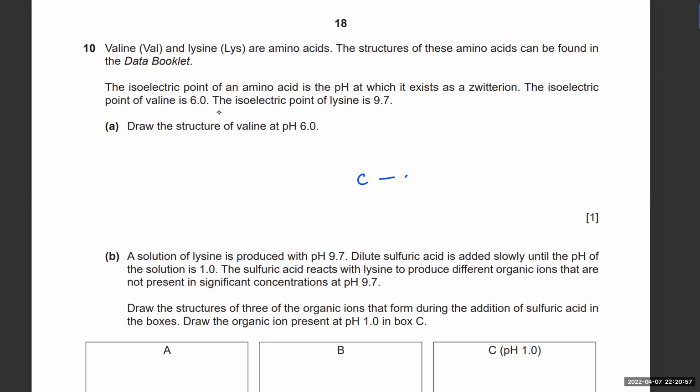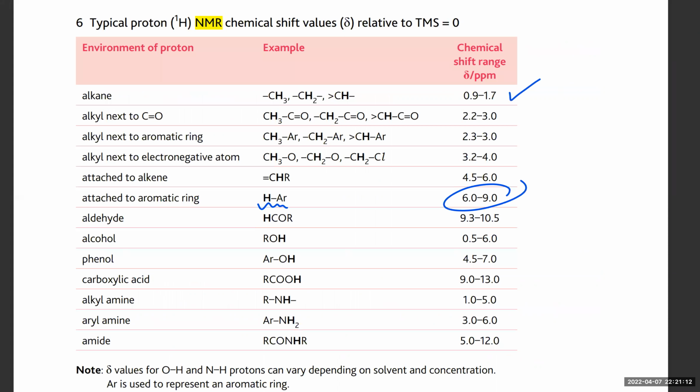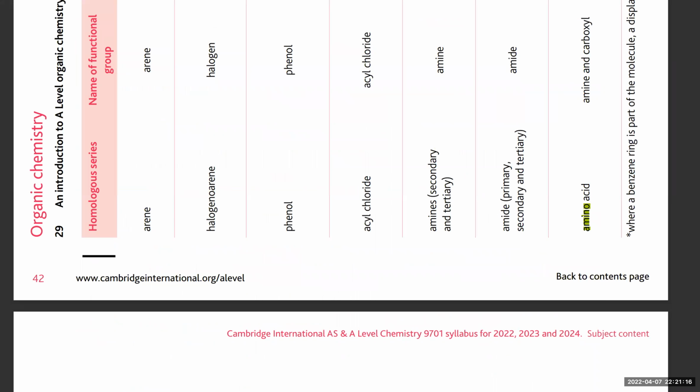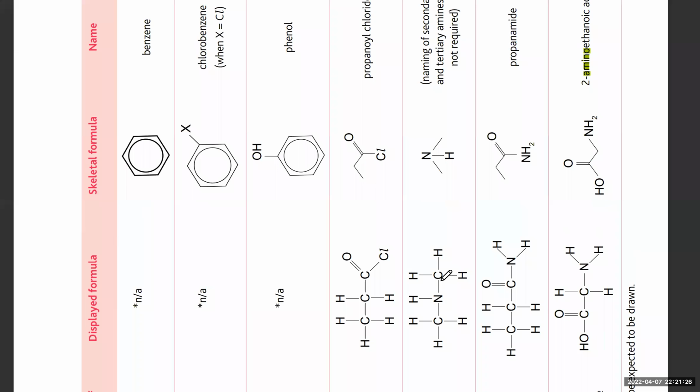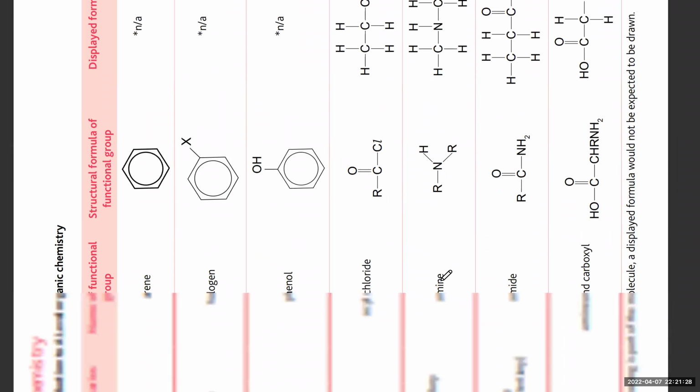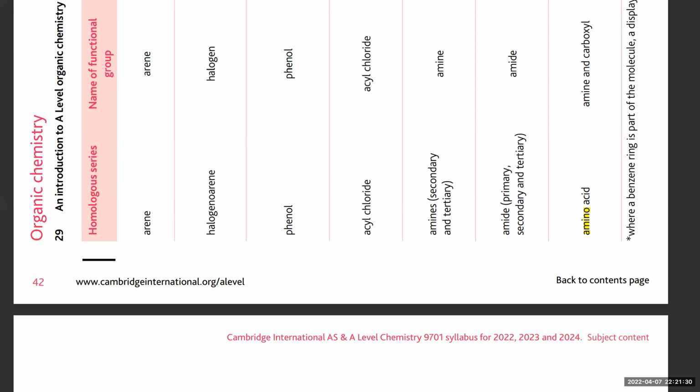That's an amino acid. It's a carboxylic acid plus an amine, and there's an R group. For valine, I need to figure out what the R group is. That's on the amino acids once again. So over here, are these the amino acids? No, that's just the amino acids.